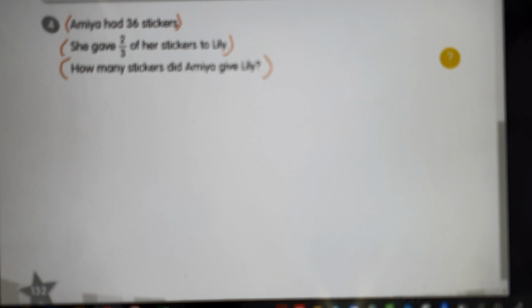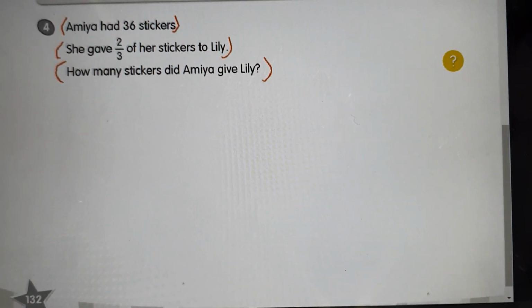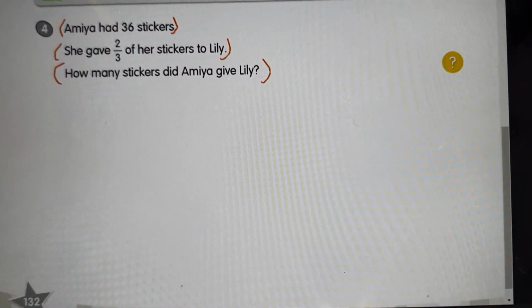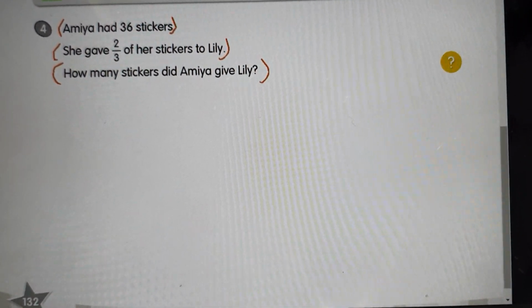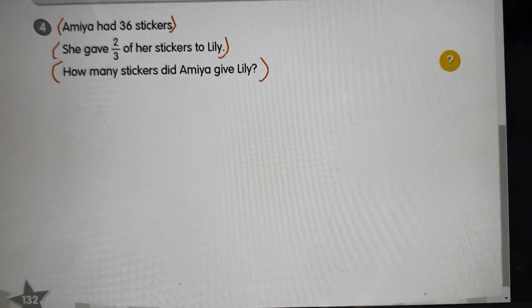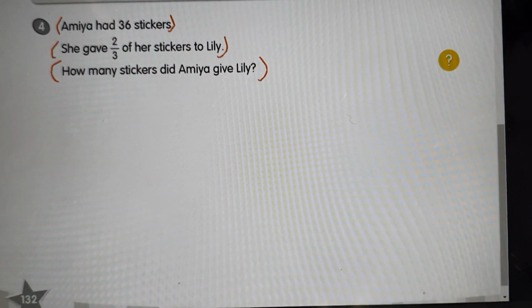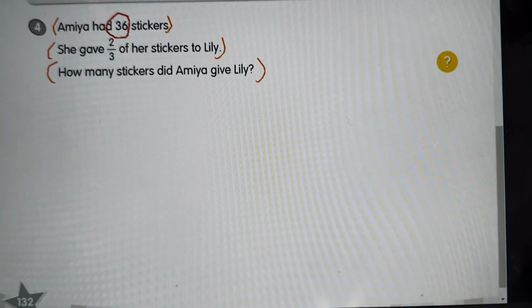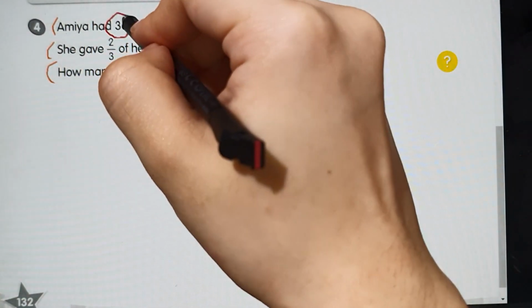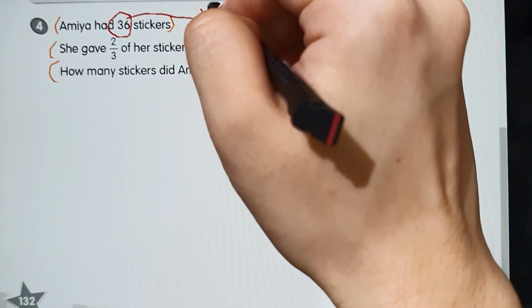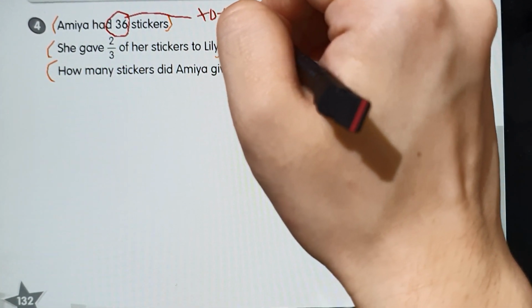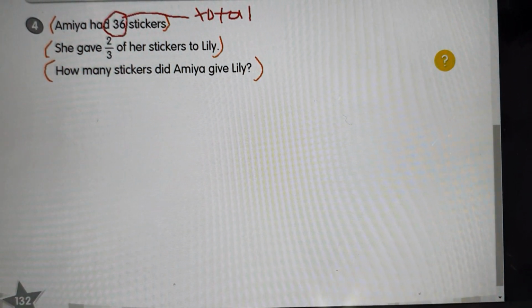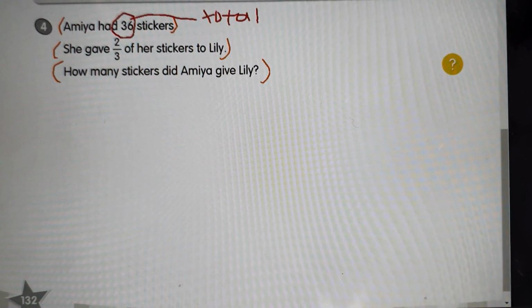So, after breaking them down into smaller sentences, then you can go and read it sentence by sentence. So, Amiya had 36 stickers. What does 36 mean? It means the total stickers that Amiya has. So, she gave 2/3 of her stickers to Lily.